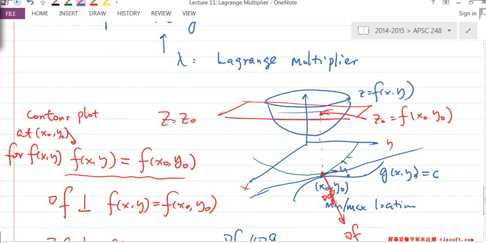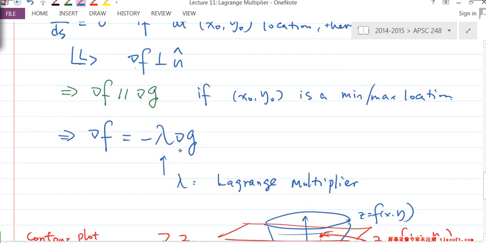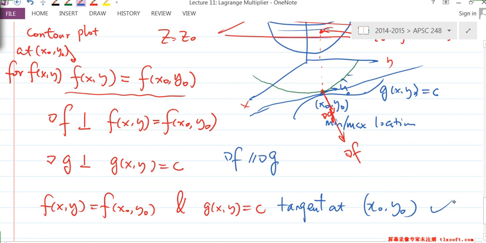So essentially, when we're looking at a constraint optimization problem, you can state two sentences, either one of them equivalent to the other. Number one is, if it's a min or max location, this is checked. Number two is, this is checked. That make sense?